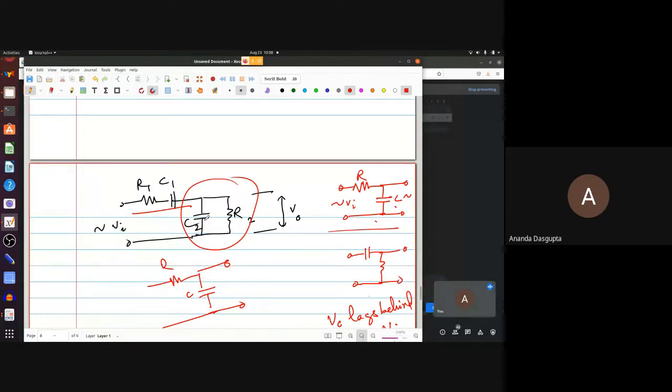Because the parallel, very huge impedance can be ignored. If you have a huge impedance in parallel, you can just ignore it. If you have a huge impedance in series, you have to take that one. And at high frequencies, on the other hand, it's like you are taking the output across the capacitor of an RC combination. So at high frequencies, the output will lag.